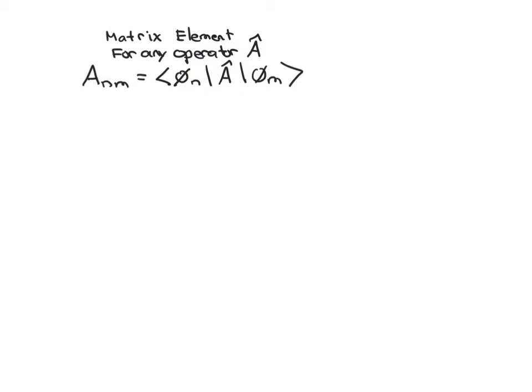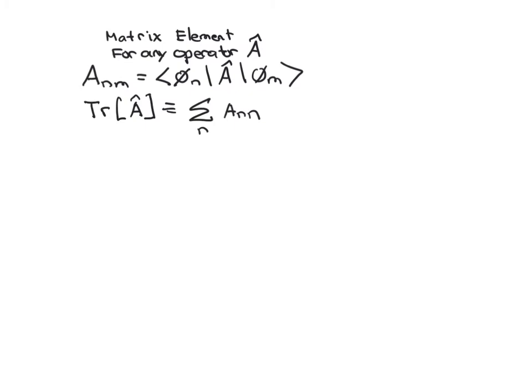And then once you've defined the matrix elements, you can define the trace associated with an operator. So the trace of any operator A is, by definition, the sum of the diagonal matrix elements, like so.